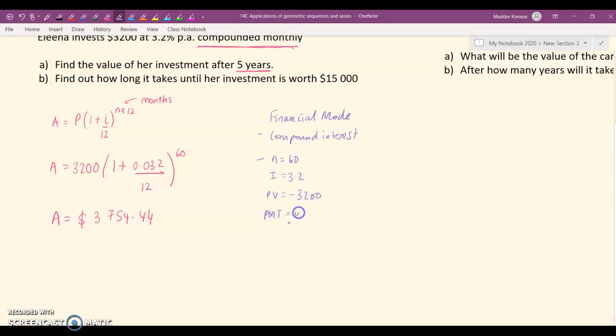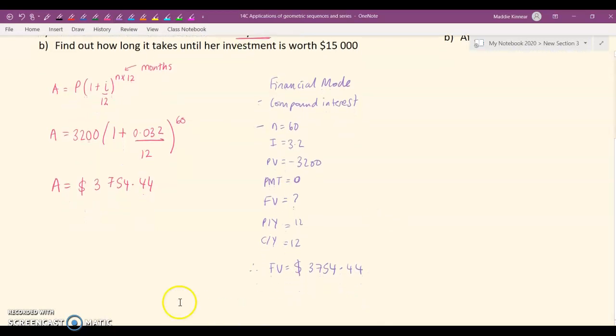PMT was 0. Future value was what we didn't know. Then the per years and compounding were both 12 because of the monthly. If it had been just yearly, they would have been 1. But because it was monthly, we write them as 12. And then that gave us an outcome of our future value as $3,754.44.